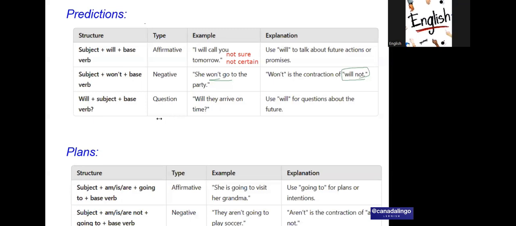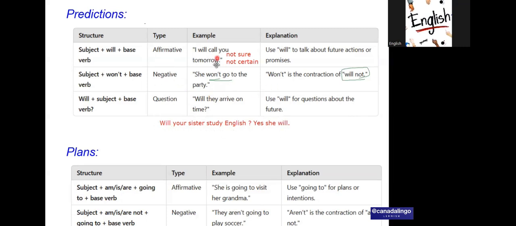Let's make another sentence and question. For example, will your sister study English? You can say, yes, she will. Or, no, she won't.